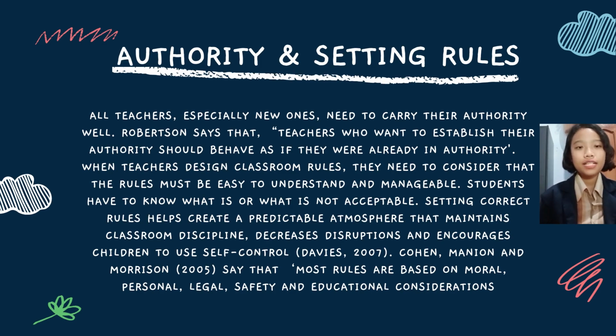And according to Cohen, Manion, and Morrison in 2005, most rules are based on moral, personal, legal, safety, and educational considerations. So the rules should use positive terms, address multiple situations, and be age appropriate.